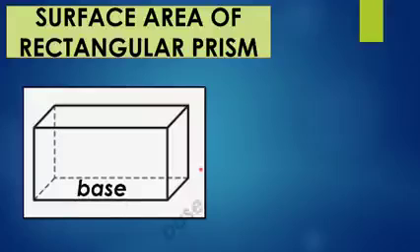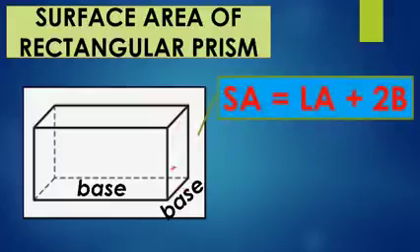Again, this is your base, another base, part of the base, and this part is the height of your rectangular prism. So the surface area of a rectangular prism is the sum of its lateral area and the areas of its bases. Since dalawa yung base ng ating rectangular prism, we have SA is equal to LA, lateral area, plus dalawang bases natin.